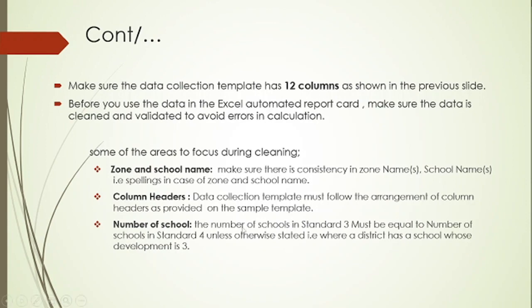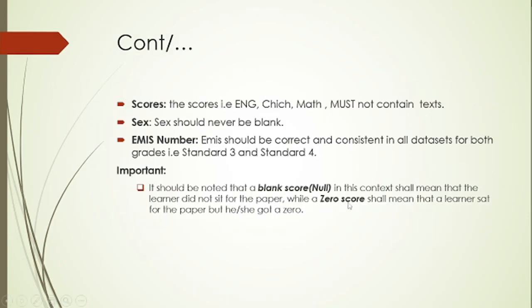The number of schools in standard 3 must be equal to the number of schools in standard 4, unless a district has a school whose development is a 3. And then the scores, i.e. English, Chichewa, Maths, must not contain text. It might happen that the learner did not sit for English, and then the class teacher or the data entry officer indicates AB for absent or a dash.